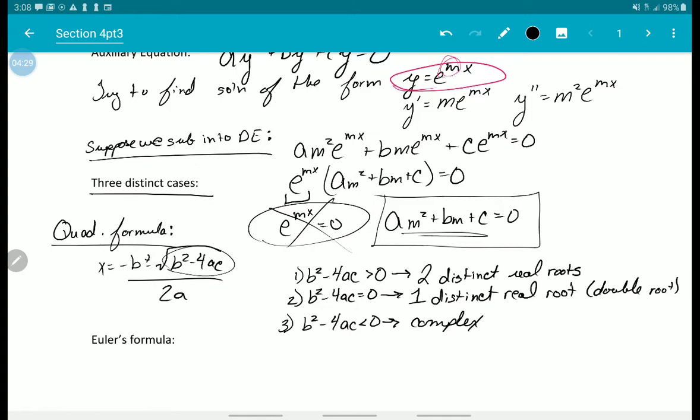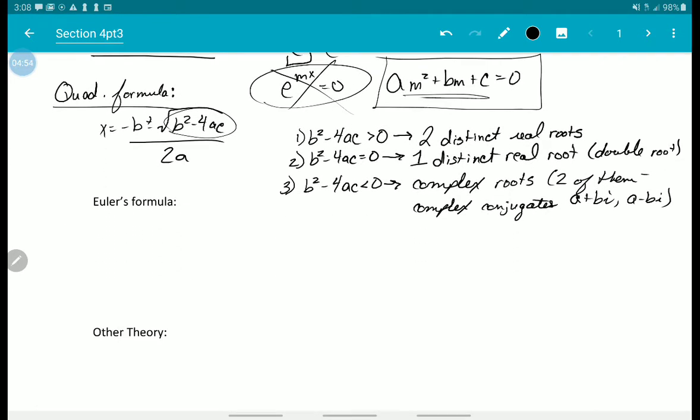Remember, complex roots always come in pairs. So you're going to always have two of them. And they're going to be conjugates of each other. So one would be like a plus bi, the other one would be a minus bi.